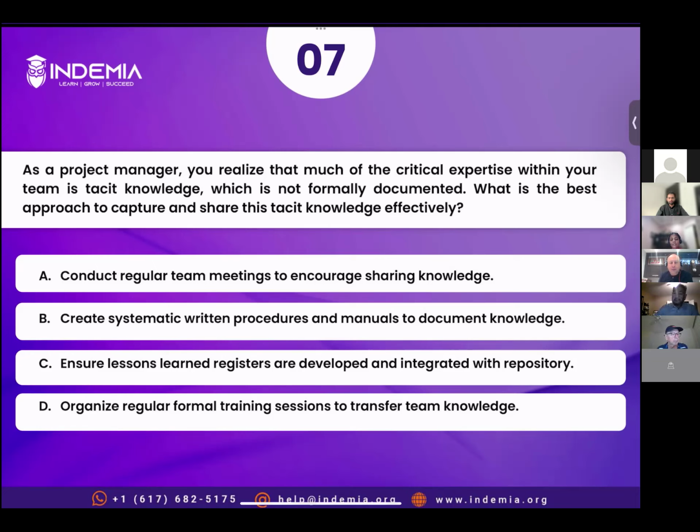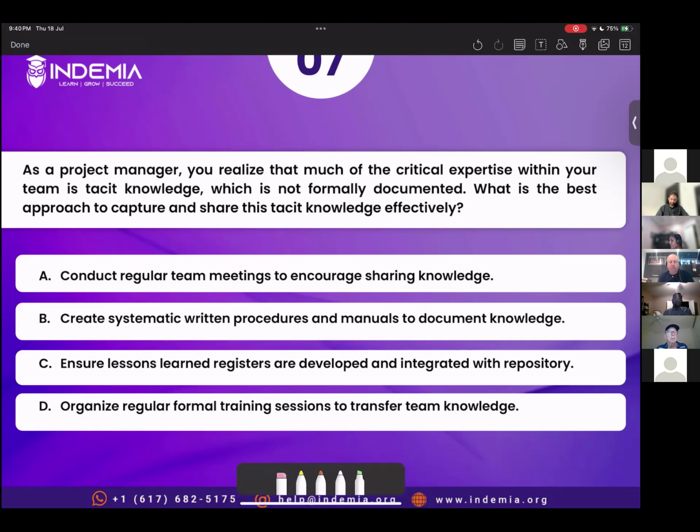Mohan, you have chosen option D. I'm still deciding. Obviously, tacit knowledge is something that you cannot explicitly express in a notebook. It's in years of experience, etc. At first I thought organizing regular formal training sessions to transfer team knowledge might be good.